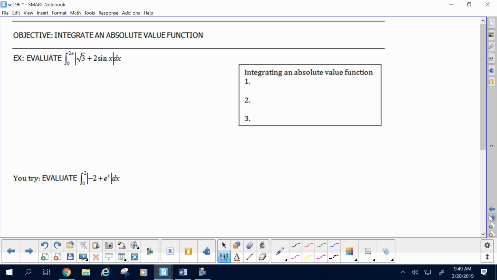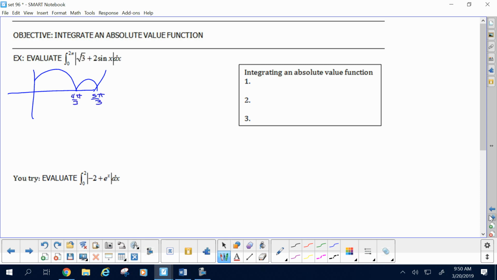So notice I threw you a bone and I used the same function. We said previously that this function has flip points at 4 pi over 3 and 5 pi over 3, and then heads up again. Now, just like in a derivative, we did it in a piecewise way. Same with the antiderivative.